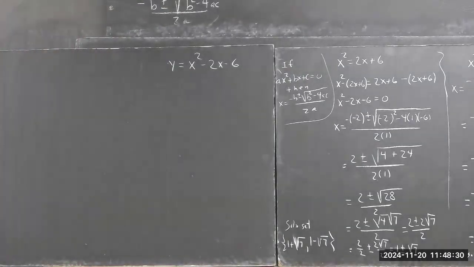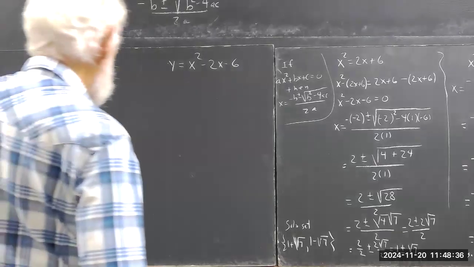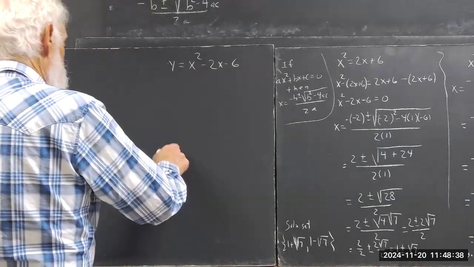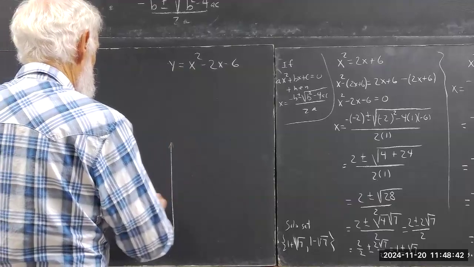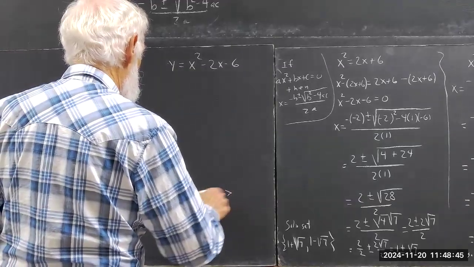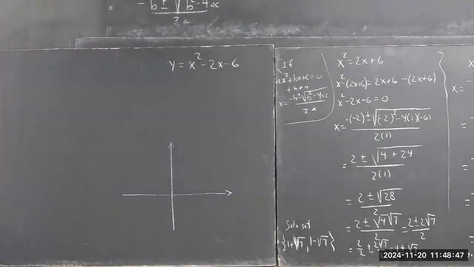Now, can you tell me what the y-intercept of that equation is? We don't want to put this on a graph. So I'm going to put a graph down here. And we'll talk about this for a second.